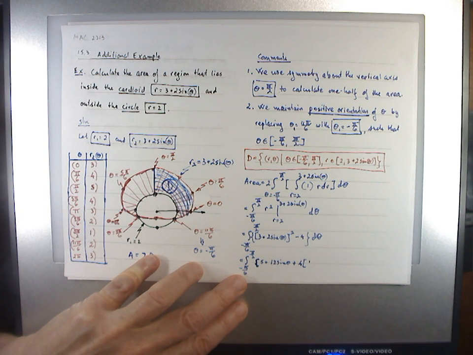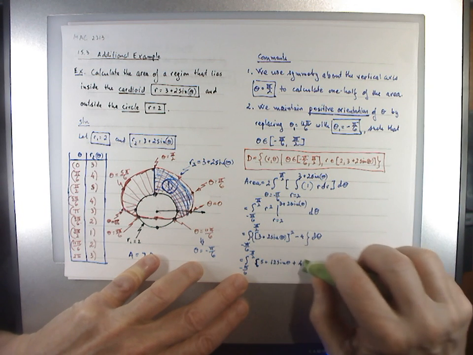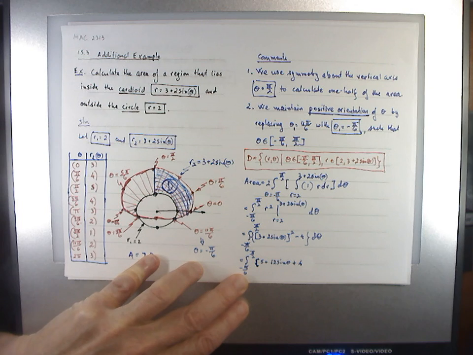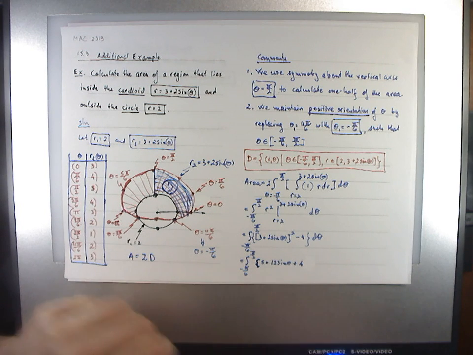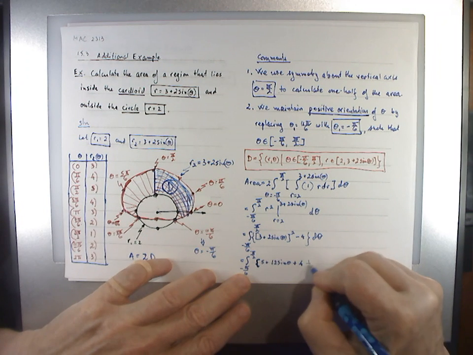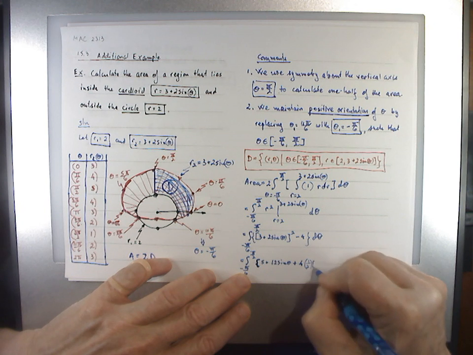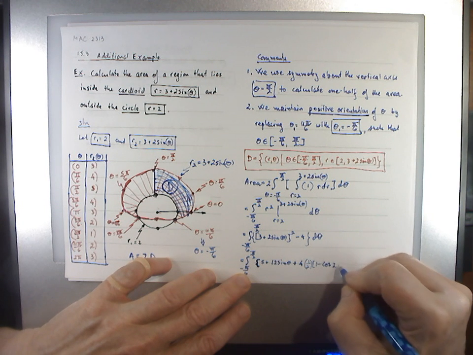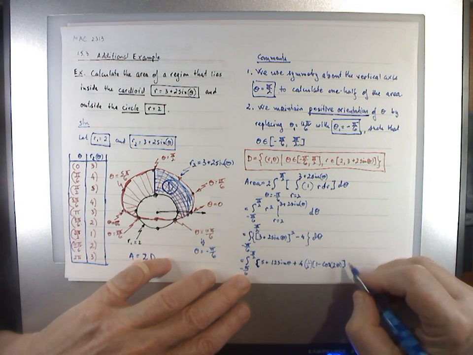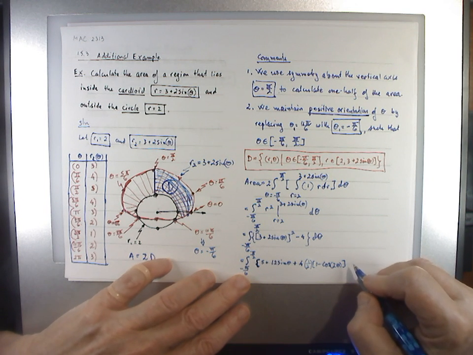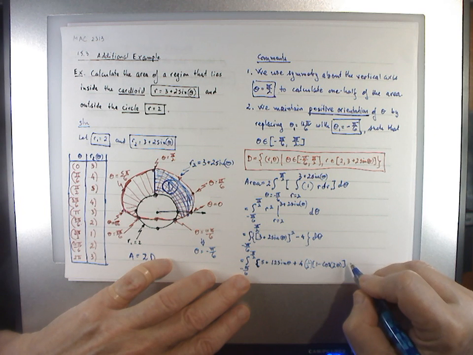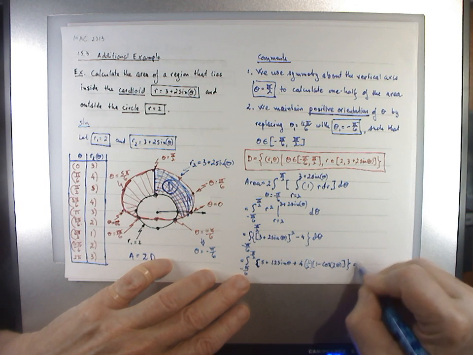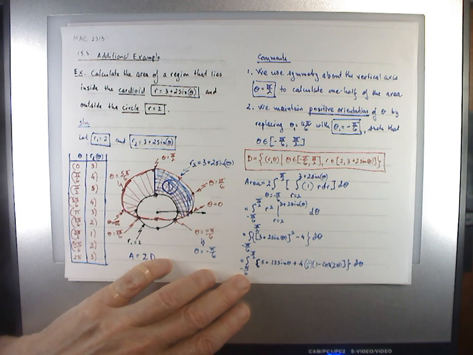So it will be 4 times 1/2, and then sine squared is 1 minus cosine 2 theta. And with that, I can close the bracket and integrate with respect to d theta.